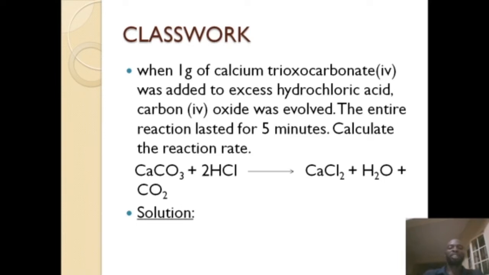Okay, here on your screen you have the equation of reaction, where we have CaCO3 plus 2HCl yielding CaCl2 plus H2O plus CO2. So these are the products of this reaction. Now we are looking at the rate at which this calcium trioxocarbonate(IV) was converted to CO2.